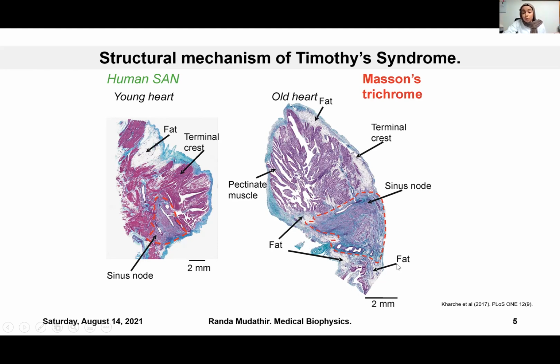Everything labeled in fat over here is actually fibrosis. The way fibrosis affects the propagation of the action potential is that it reduces the side-to-side gap junctions between the myocytes, and that slows down the action potential. Fibrosis also increases the anisotropy of the heart muscle. These are all things that are affecting the natural propagation of the action potential, resulting in severe arrhythmia.